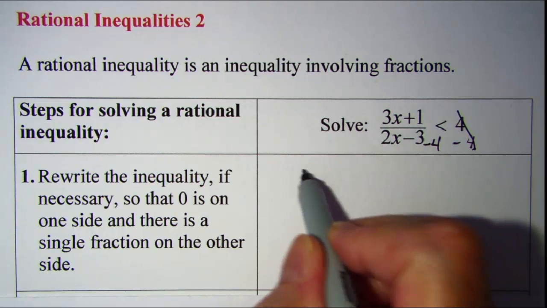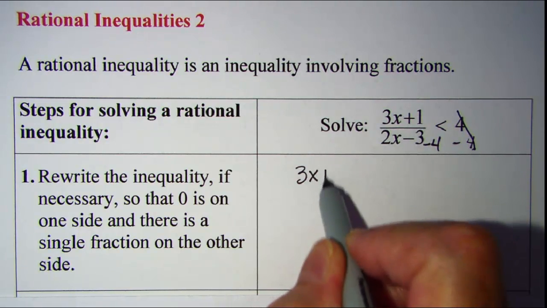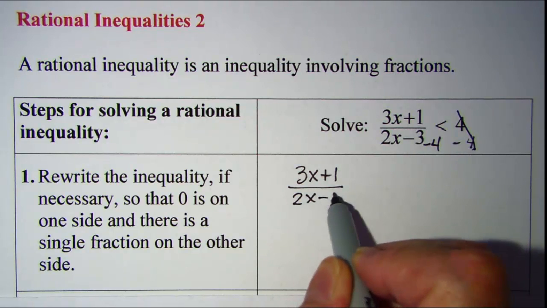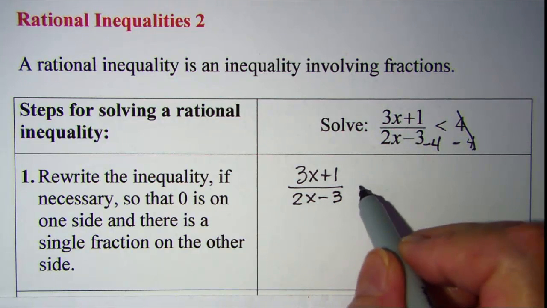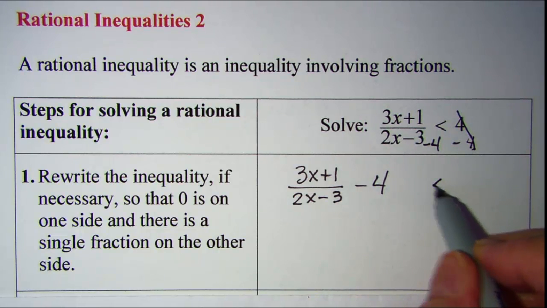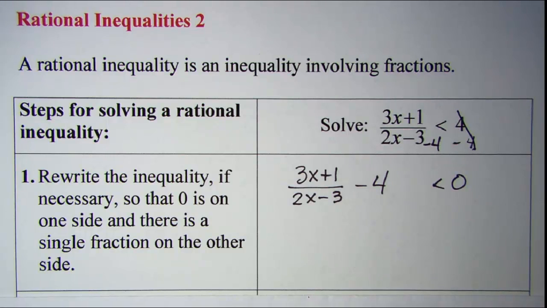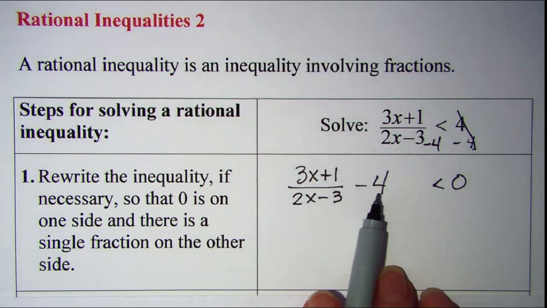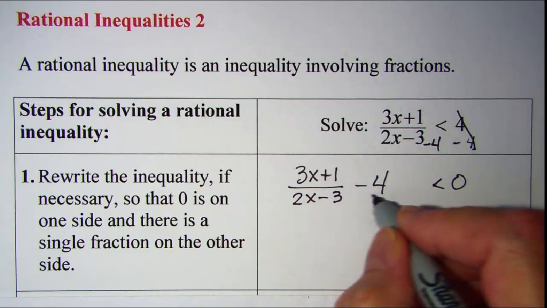And so I have (3x + 1)/(2x - 3) minus 4, and that'll be less than 0. But then I also need a single fraction on the other side. I've got my 0, but I need to put these two terms together into a single fraction.